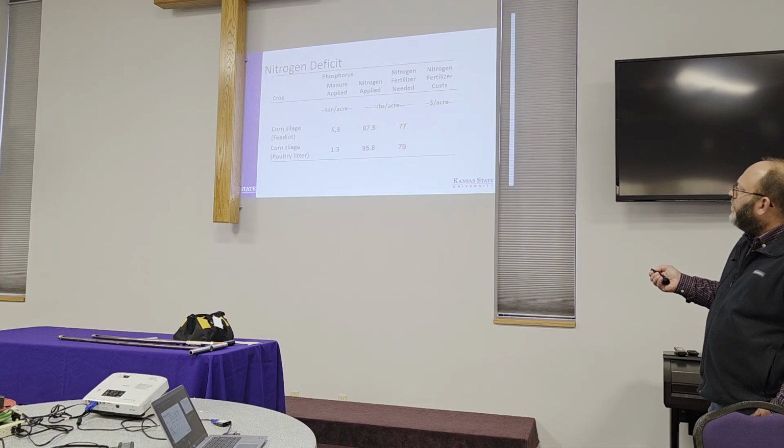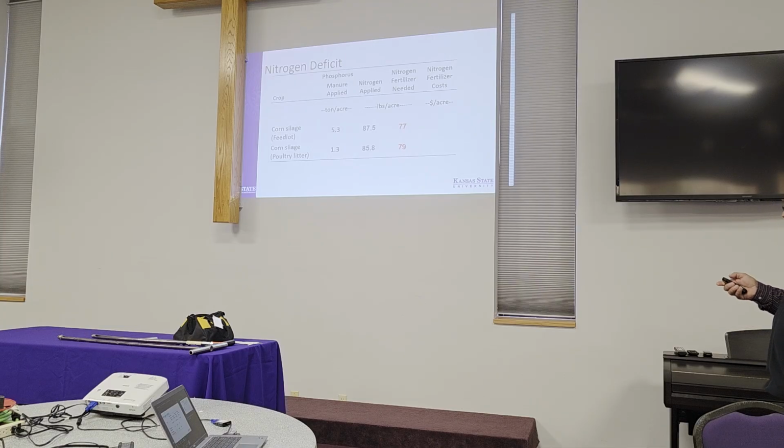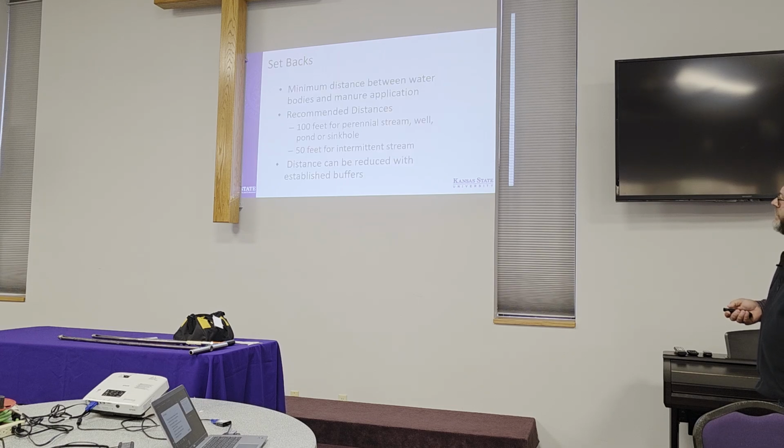And so you're going to need to add an additional 75 to 80 pounds of commercial nitrogen under this scenario. And I just calculated that that'd be $65 an acre of additional cost.